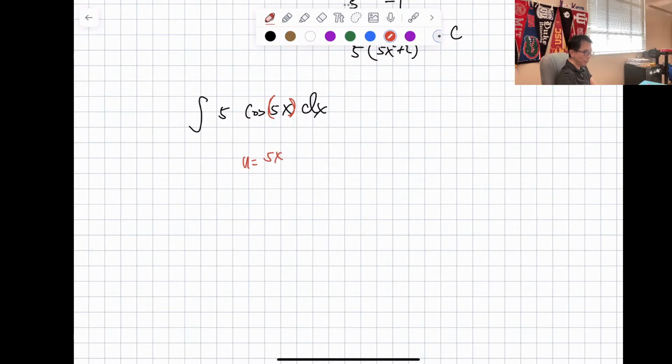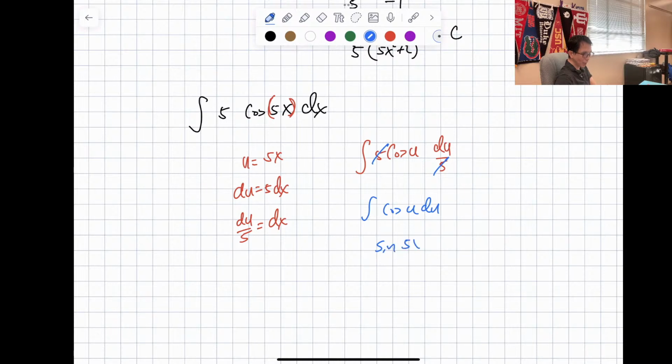So u equal to 5x, du equal to 5 dx, and then du over 5 equal to dx. So that's the integration of cosine of u, and dx is du over 5. Do you see that the 5 cancels? So that's going to be cosine of u du, which becomes sine of u, which is sine of 5x plus c.